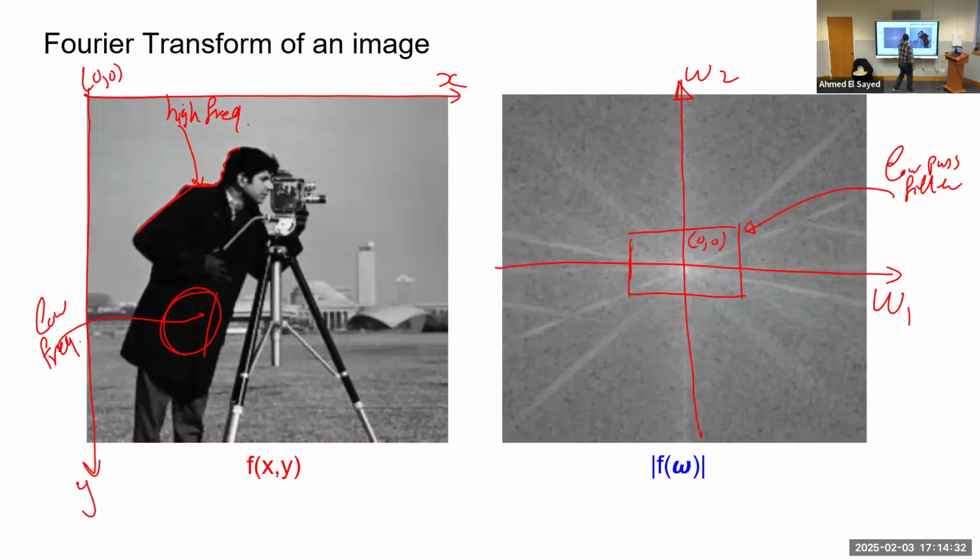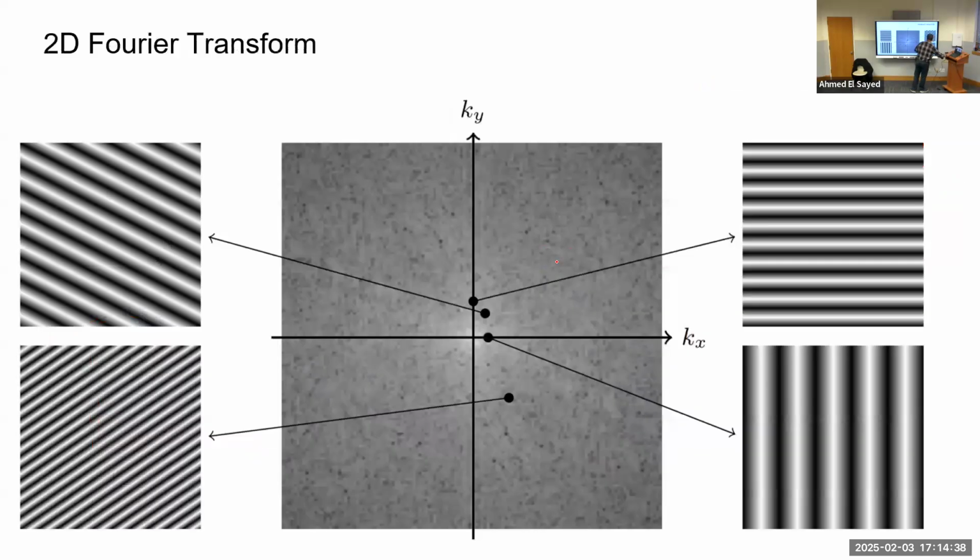Now, if we look at any point here in this frequency component, what will it look like? That's how it will look. So these points in the middle, as you can see, have a unique frequency. So black, white, black, white, black, white. So this is single tone. And because this is on this axis, it's vertical.